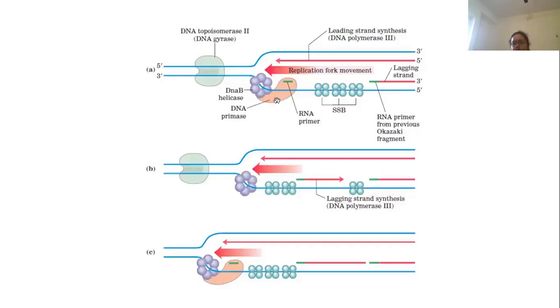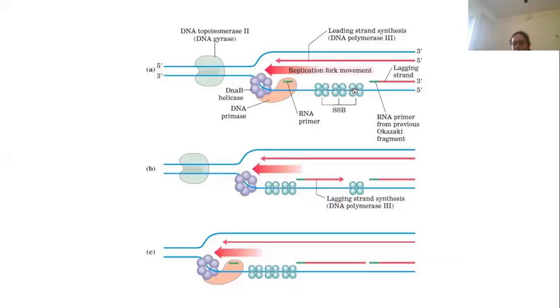Now here you can see the green colored structure. It is an enzyme called DNA topoisomerase 2 or gyrase. In E. coli, it will relieve the torsional strain or stress produced due to unwinding by the helicase enzyme.